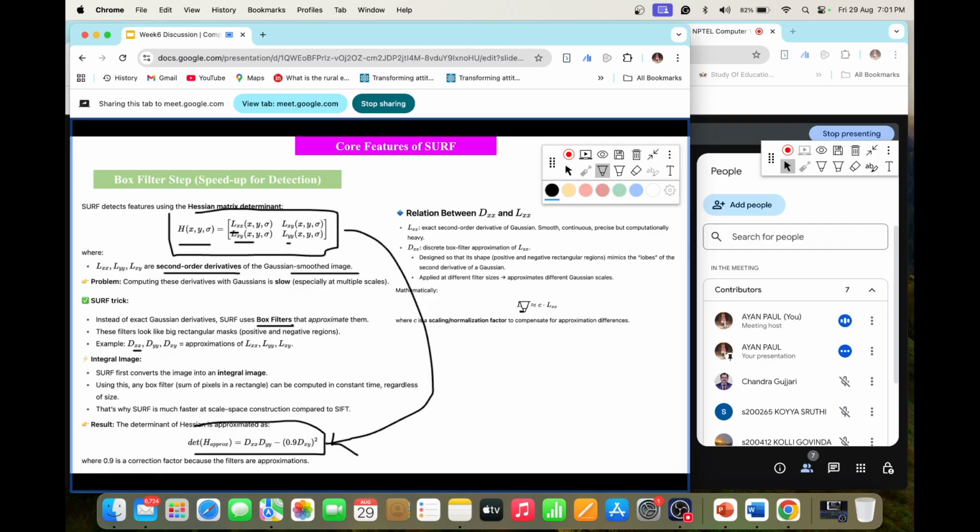So Dxx is nothing but some approximation of your Lxx, similarly Dxy is an approximation of Lxy, and Dyy is an approximation of Lyy. So we are just approximating it. By doing this, we are actually speeding up our calculation. This is the first feature of our SURF operator.